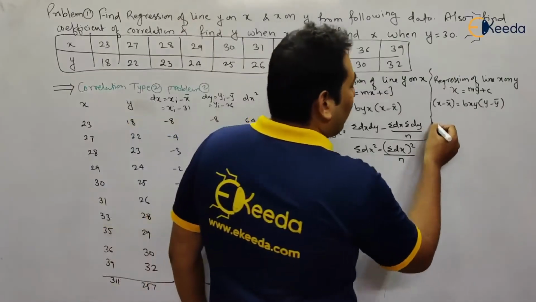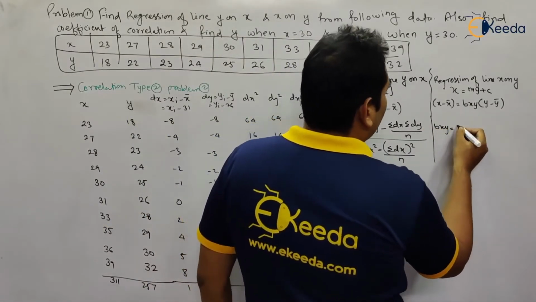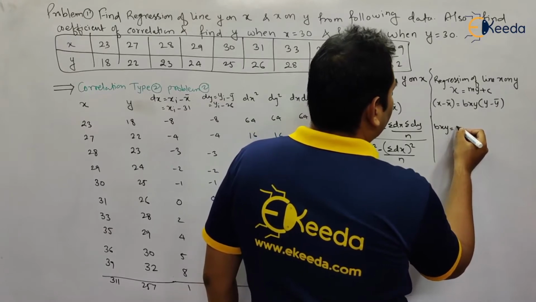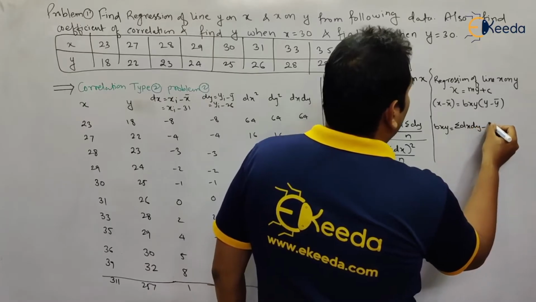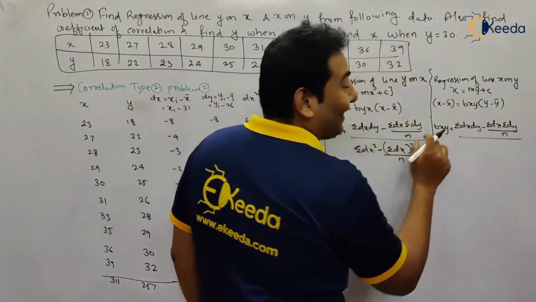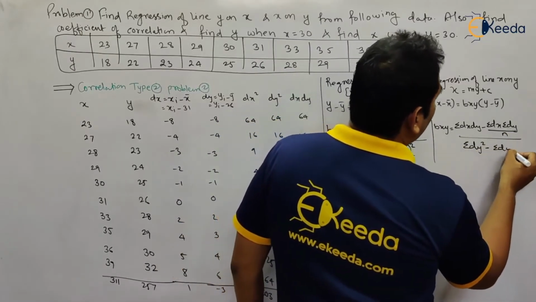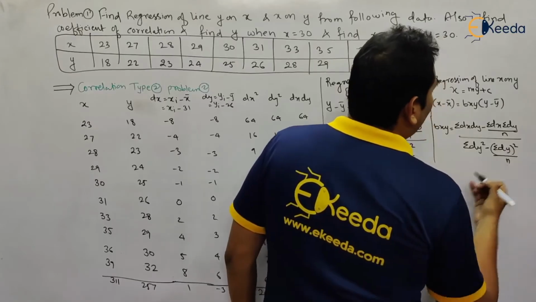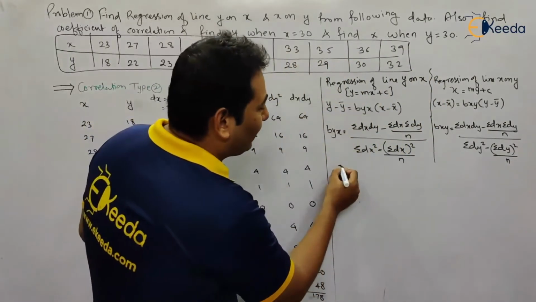Likewise we have the formula for bxy also: summation dx dy minus summation dx summation dy upon n, upon, the second character being y, summation dy square minus summation dy the whole square upon n. So we are going to put the values in this formula to get the result.